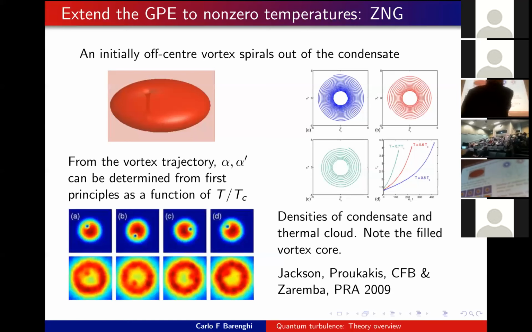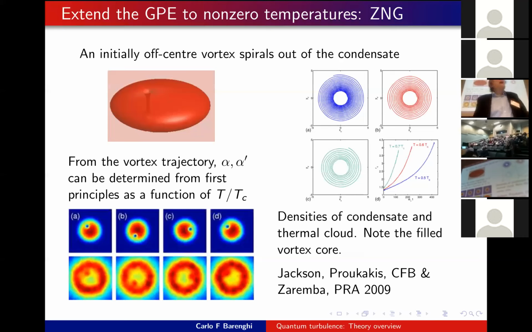It's placed initially off center, so it should orbit with some velocity which we can predict. But because of finite temperature effects arising from this coupling by a Boltzmann equation with the thermal gas, it loses energy and spirals out. You see here some computed trajectories at different temperatures. Here it spirals out slowly and here more rapidly because the temperature is higher.